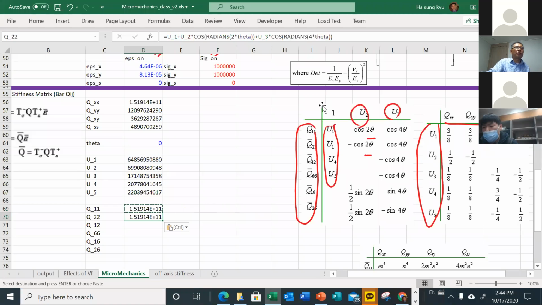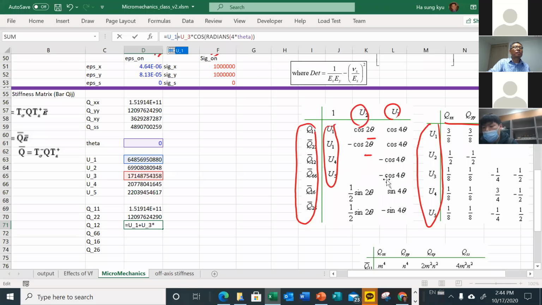And Q22, we follow this table again, and there will be a minus. And Q12, U4, and there is no 2 term, right?